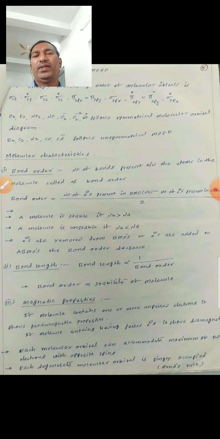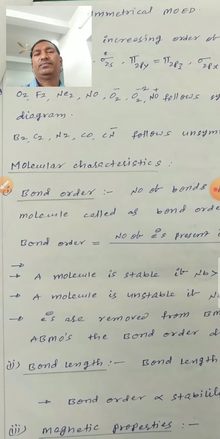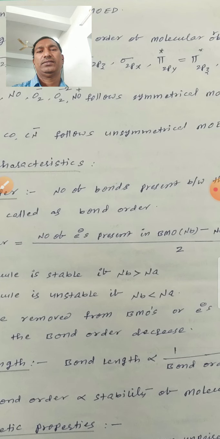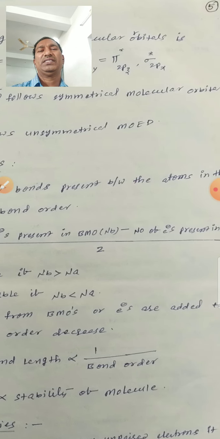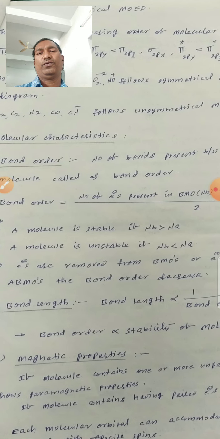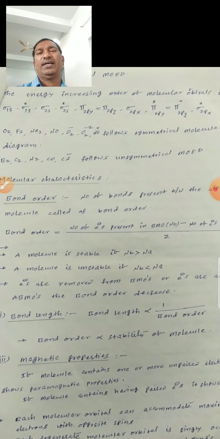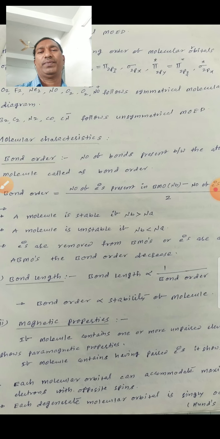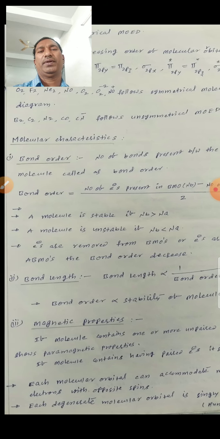Oxygen, fluorine, neon, nitric oxide, O2 minus, O2 minus 2 and NO plus follow the symmetrical molecular orbital energy diagram.